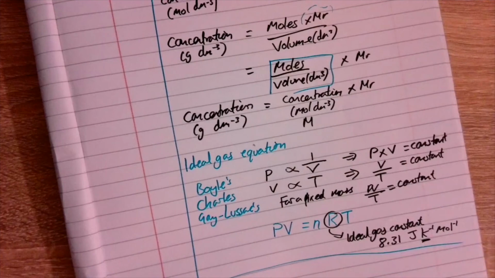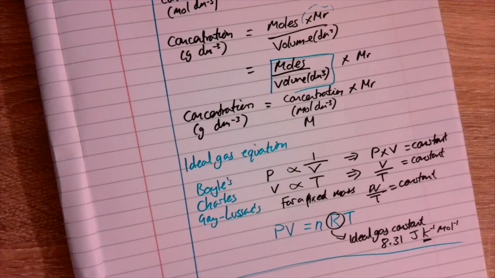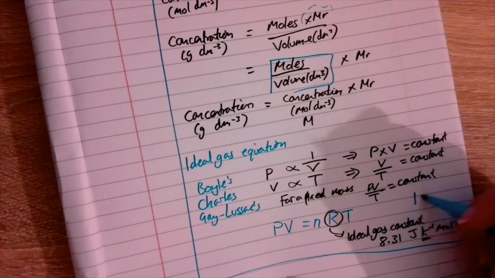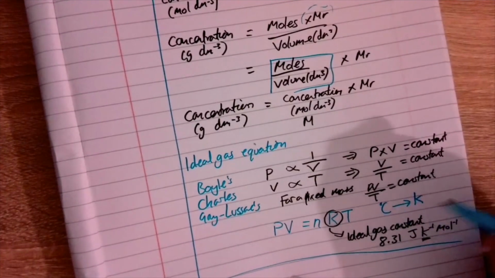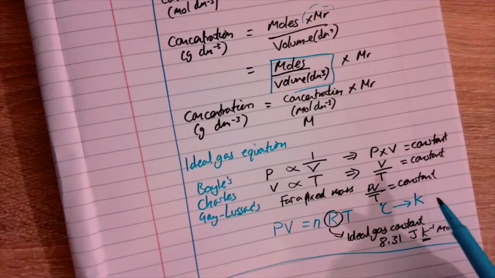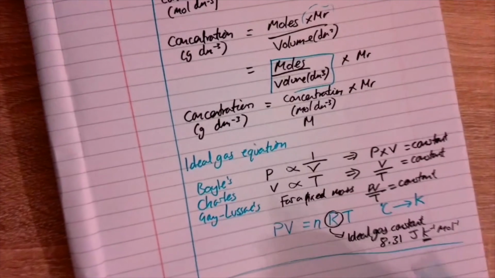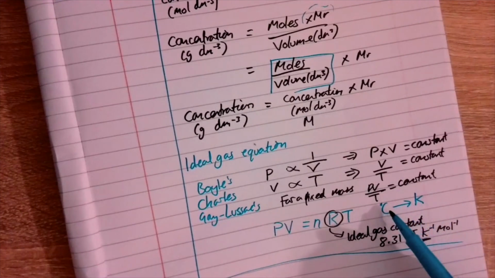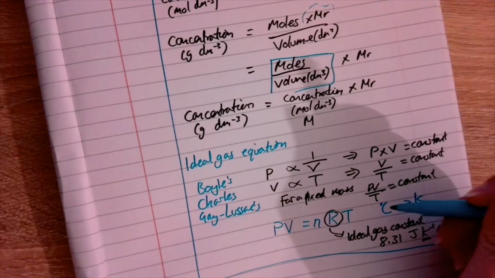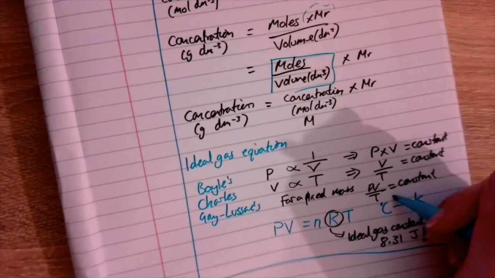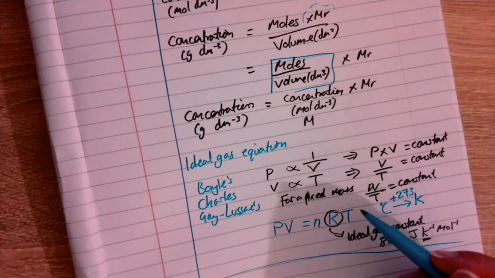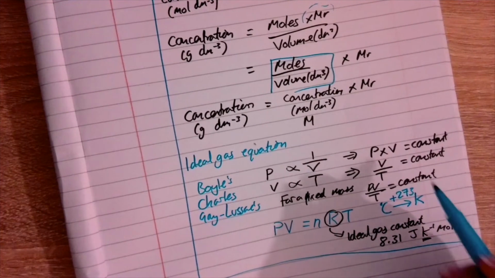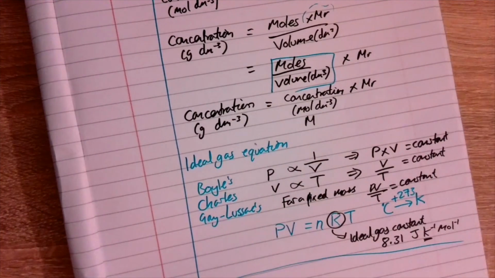Importantly, this K to the minus 1. K is a Kelvin, and it's on the same scale as degrees Celsius. However, there is no negative Kelvin, so the Kelvin scale starts at 0, which is equivalent to minus 273 degrees Celsius. So in order to get from degrees Celsius to Kelvin, we have to add 273, because if we added that to minus 273, we'd get to the 0 Kelvin at which our Kelvin scale starts.